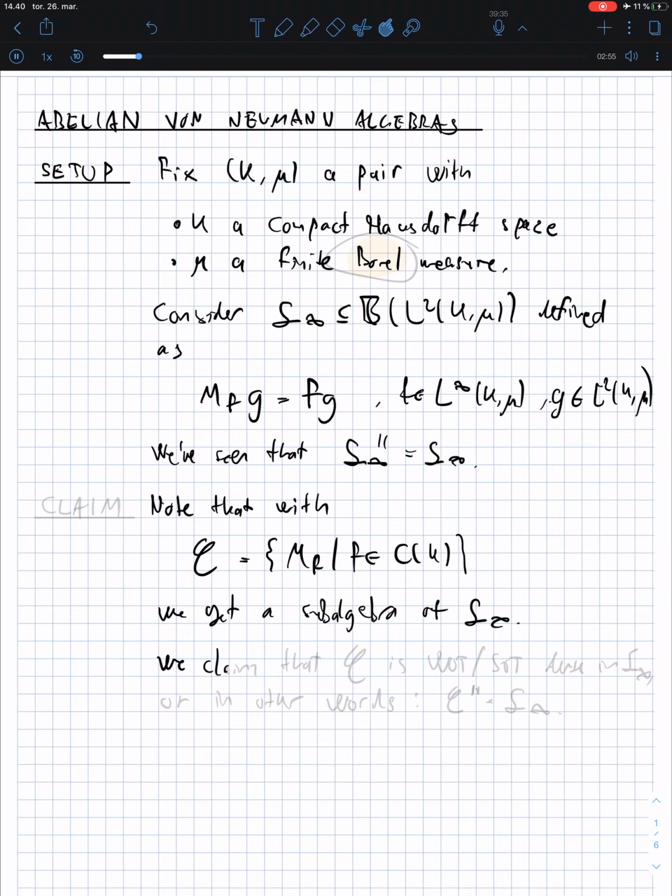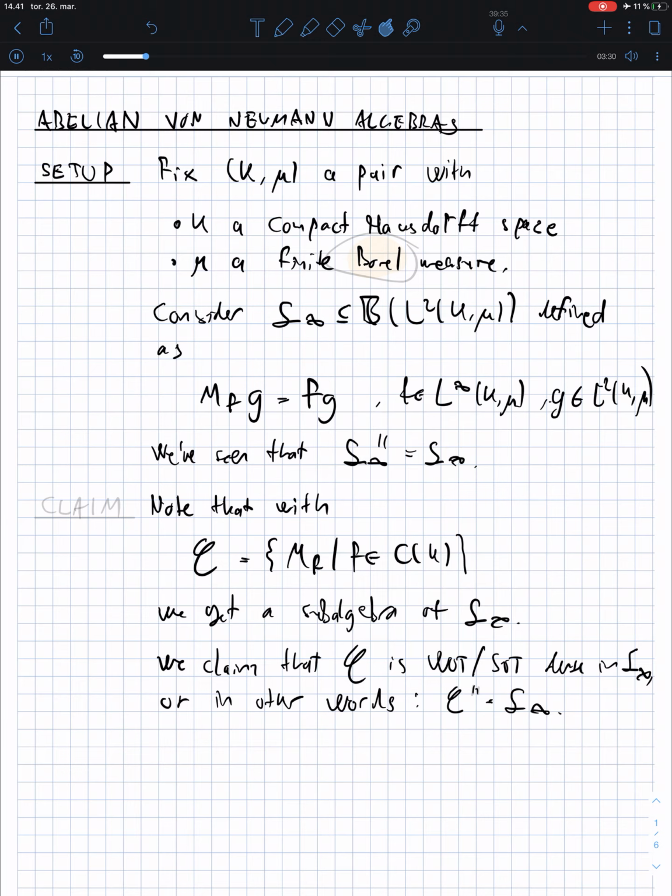We claim that C is weakly or strongly dense in L infinity, or in other words, the bicommutant of C is L infinity.